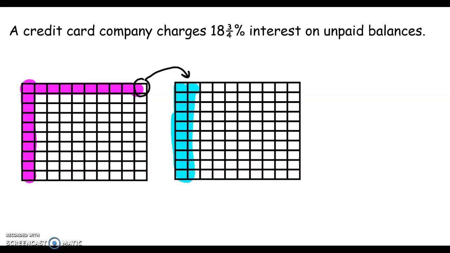So if we think about money and quarters, that makes it easier for us. 4/4 makes a whole dollar, 3/4 would be 75 cents. So let's do 70 plus another 5. Okay, there we go. So this represents 18, and when we blow this or zoom in on that last square, this represents 3/4 of a square.